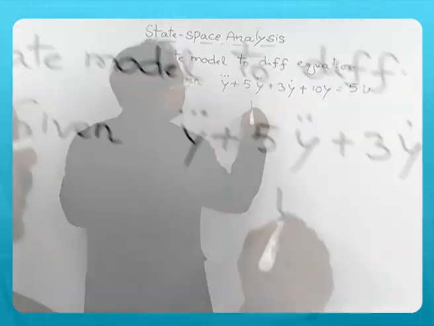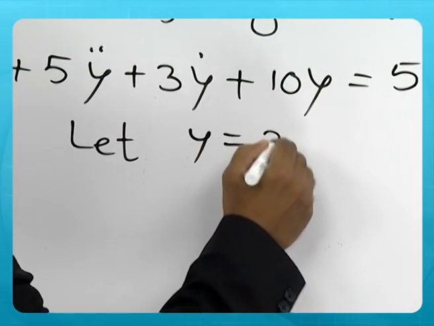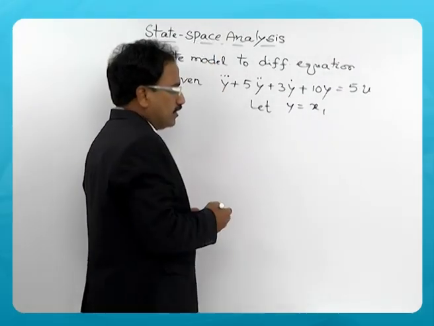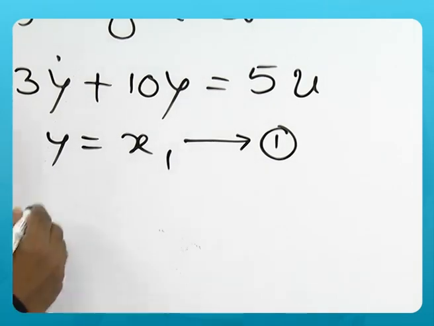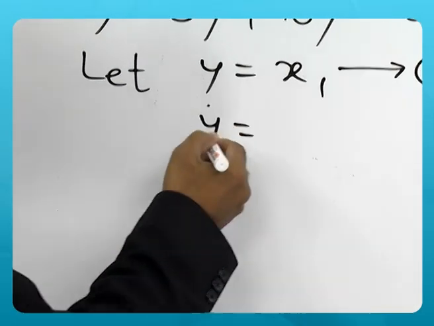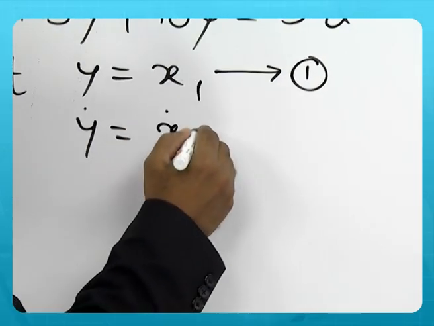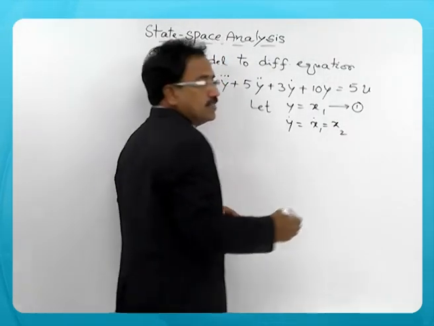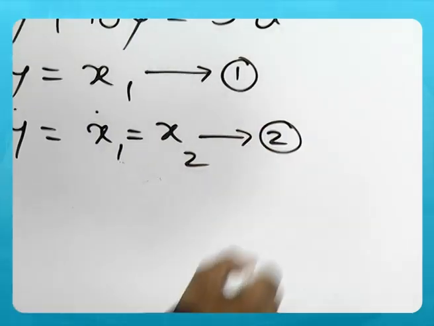So let us consider y, the output, as one of the state variables x1. Call this equation 1. Then y dot is nothing but the differential of output, then it is equal to x1 dot. Consider this as another state variable, x2, call this equation number 2.